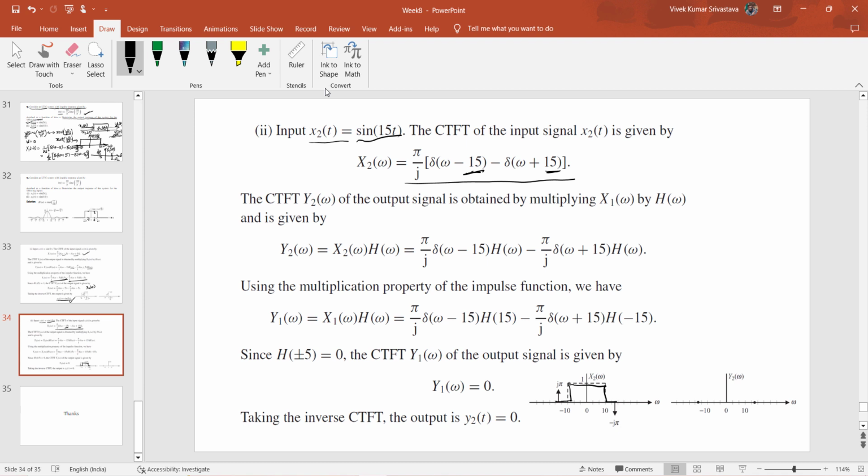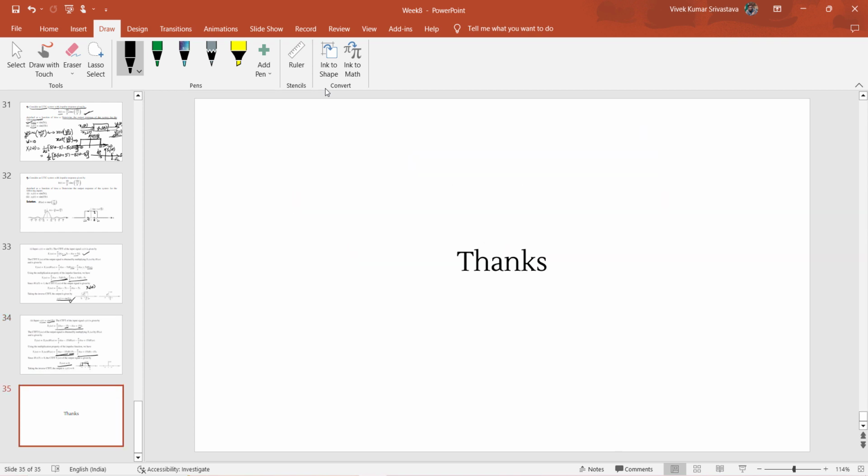So once you multiply this with H of 15, H of 15 is 0 here, because it exists only between minus 10 and 10. So the value of both expressions will be 0, and the overall response of this system will be 0. So this is the last problem, and thank you.